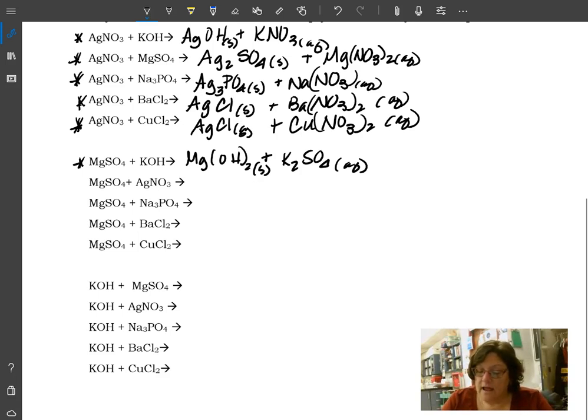Magnesium sulfate and silver nitrate. The magnesium will bond with the nitrate and it will be aqueous, and the silver will form a precipitate with our sulfate, so that will have a precipitate.